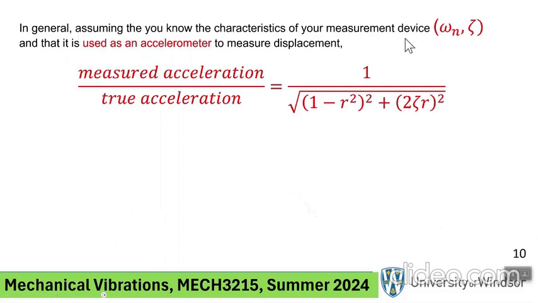So, if we know omega n and zeta, then the measured acceleration, which is coming from the accelerometer, divided by the true acceleration, which is what you're trying to measure, is given essentially by this expression. This comes out of the accelerometer, and this is what we want to know. They have this relationship. If you know omega n and zeta, you know the right hand side.